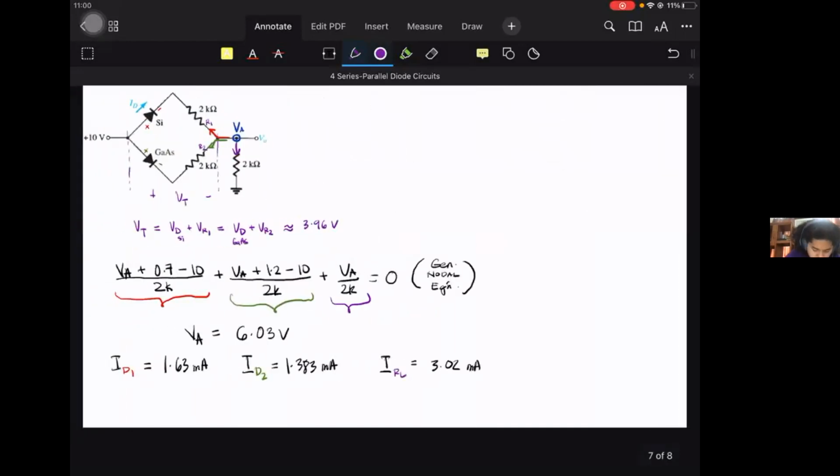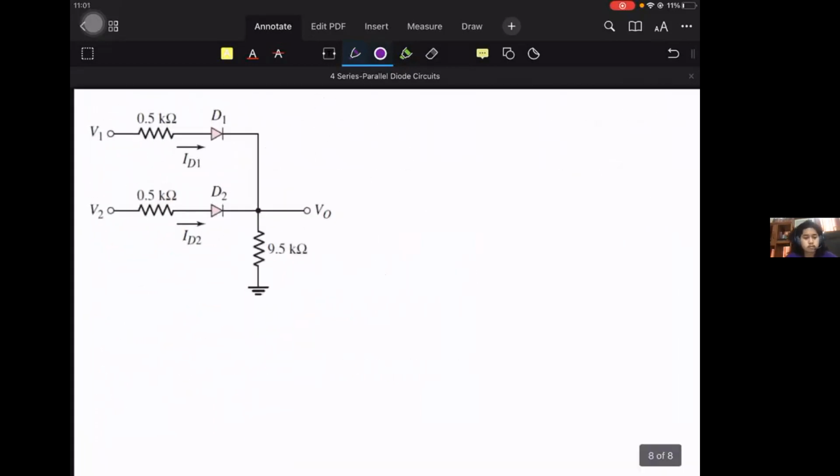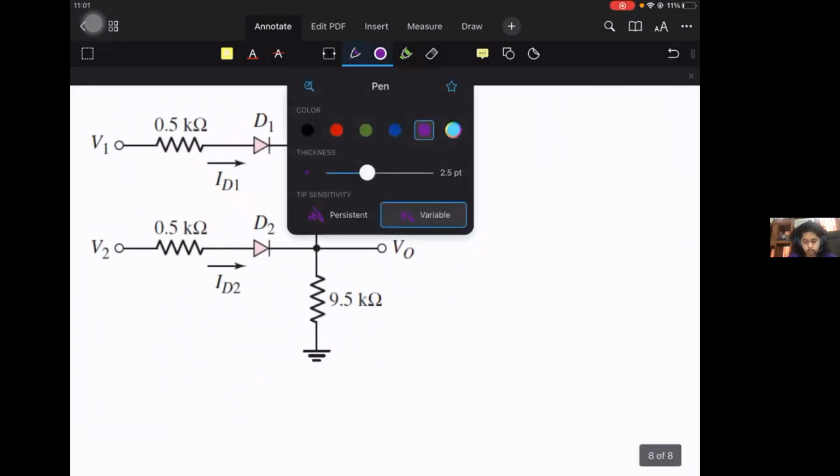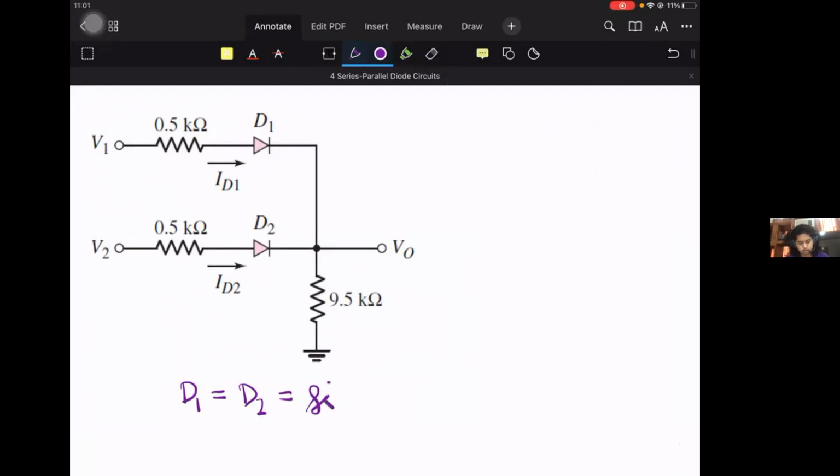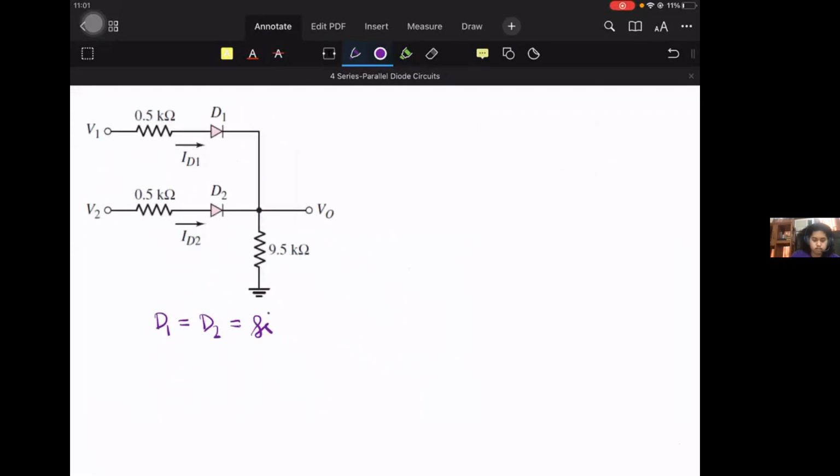Diode 1 and diode 2 are both silicon. But different ang V1 and V2, no? Different ang sources ni V1 at different ang sources ni V2. So we have 4 cases for this example.